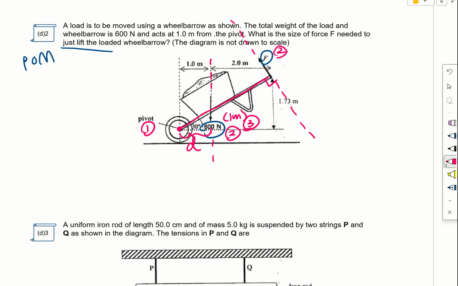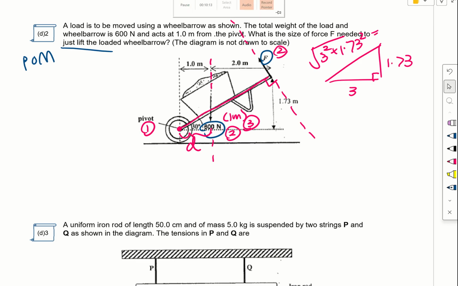So we'll need to use Pythagoras to solve, because it is 1.73 meters at right angle to 3 meters. So the answer will be 3 squared plus 1.73 squared. So you'll get a certain value. The answer is 3.46 meters. So this will be the perpendicular distance of the line of action of the force F to the pivot. So this is step 3.